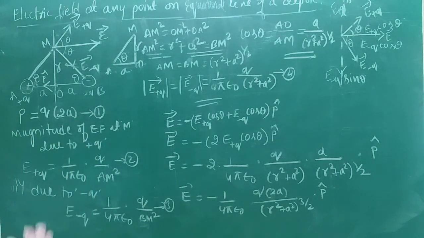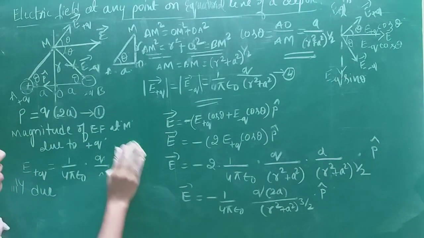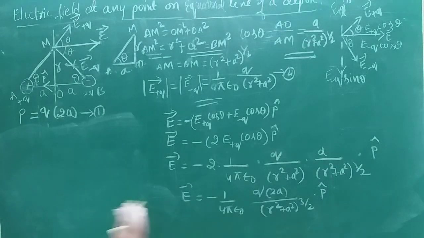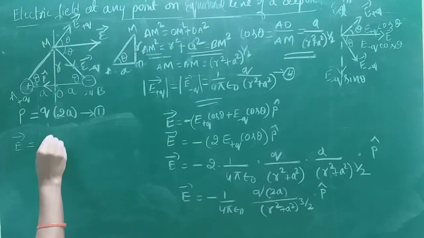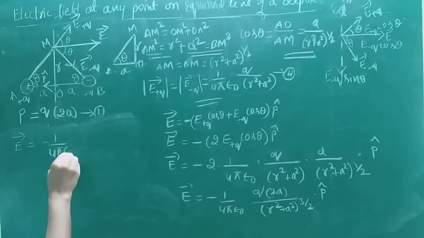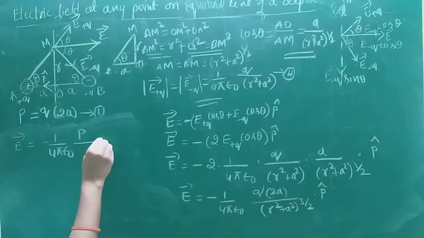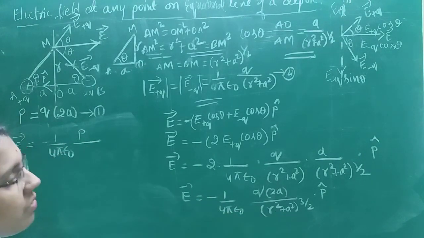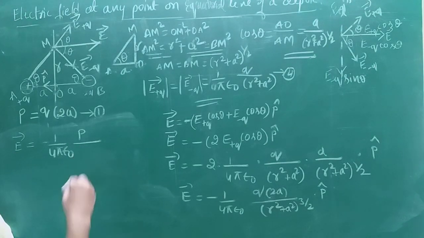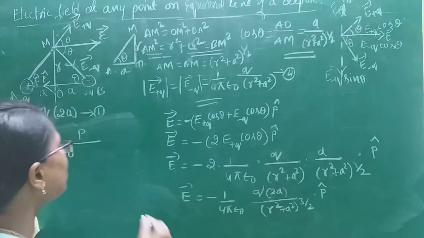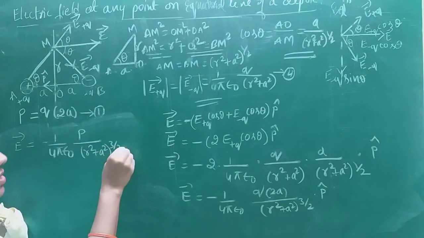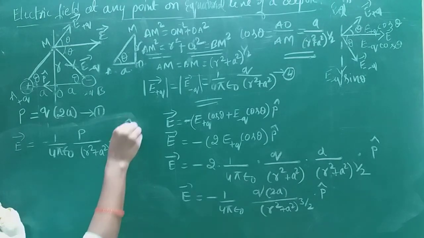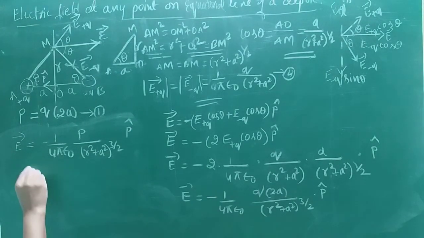From equation 1 we can write Q into 2A as P. Therefore vector E is equal to minus 1 by 4 pi epsilon naught, P divided by R square plus A square whole power 3 by 2, the value that we have to find out. So now in the next step, R square plus A square whole power 3 by 2 can be simplified.